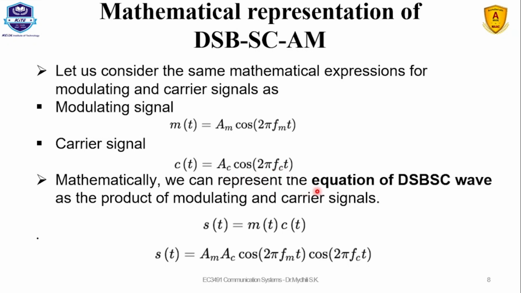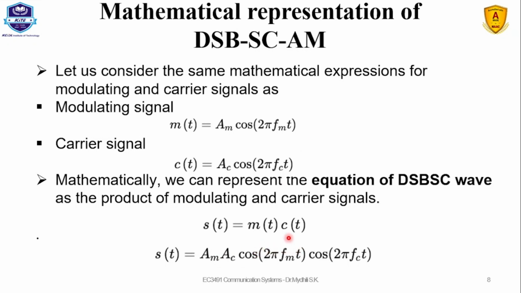Mathematically, we can represent the equation of the DSB-SC wave as the product of the modulating and carrier signal. So it is simply multiplying these two signals, the carrier and the message signal. What happens here is we get Am cos omega mt times Ac cos omega ct.